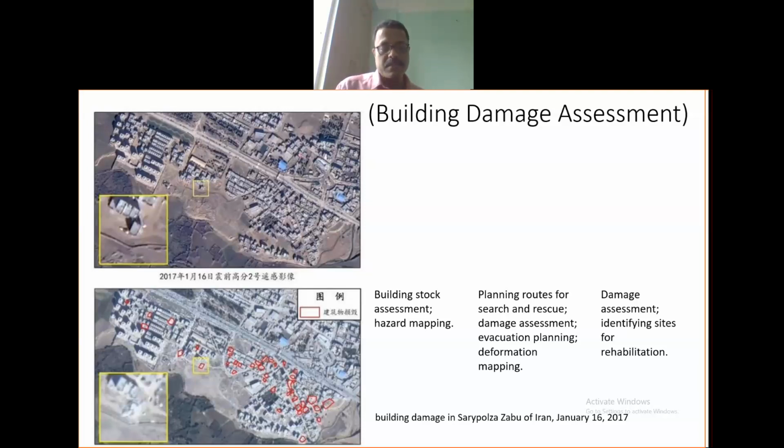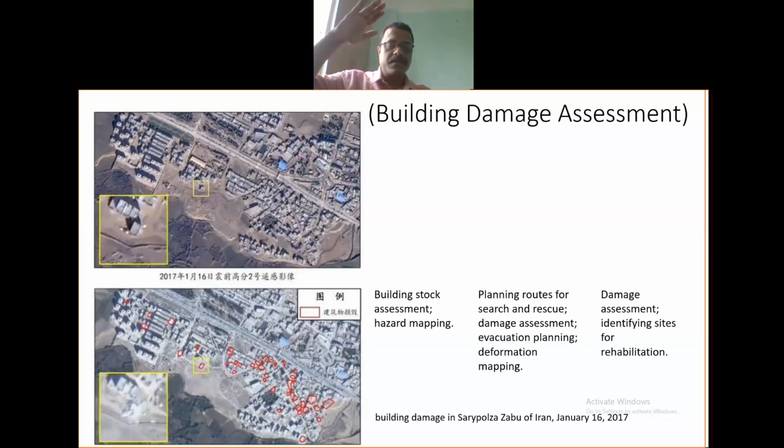If a building is damaged because of liquefaction of the soil, where the soil behaves as water during the movement of the earth, the building will just give away or collapse like this in the lateral direction.